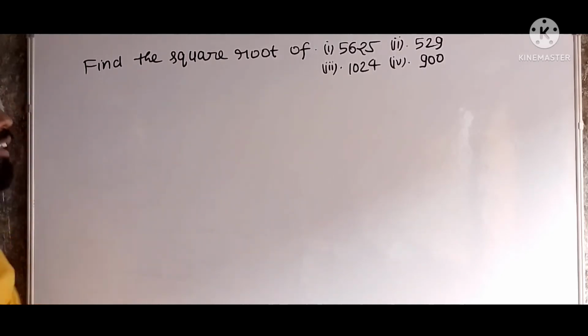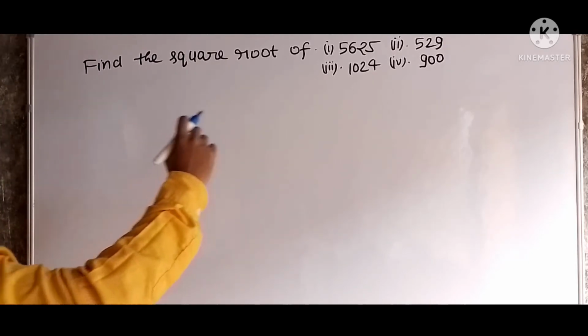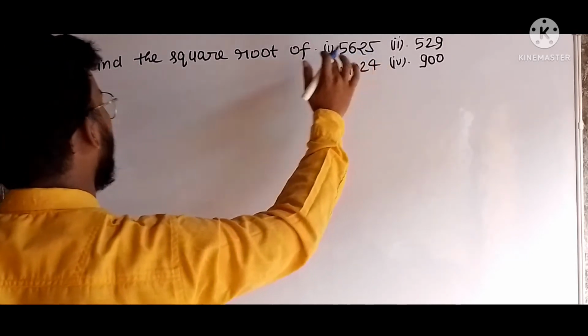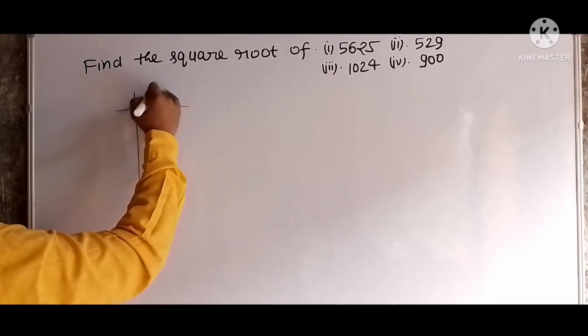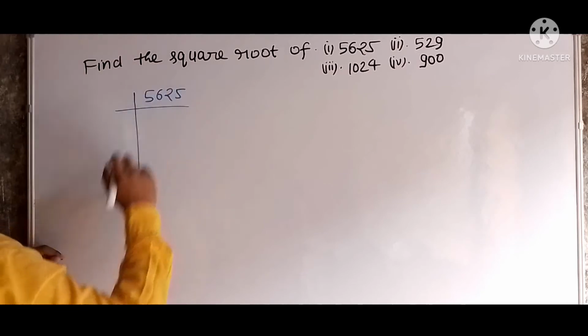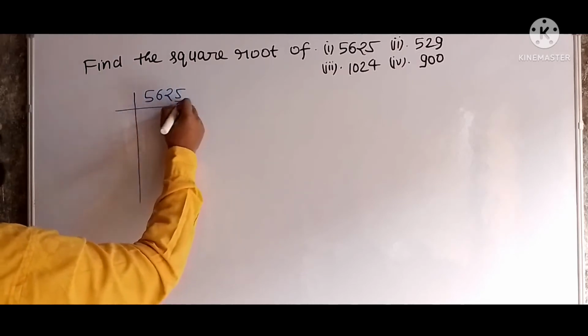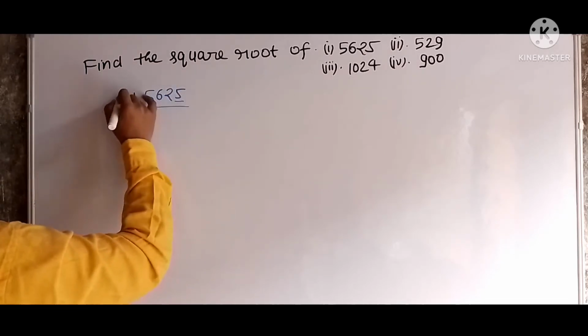Let us first understand by factorization method. To find the square root of 5625, first factorize 5625. Now this number ends in 5, so this number is divisible by 5.